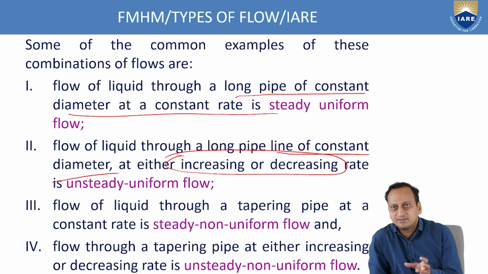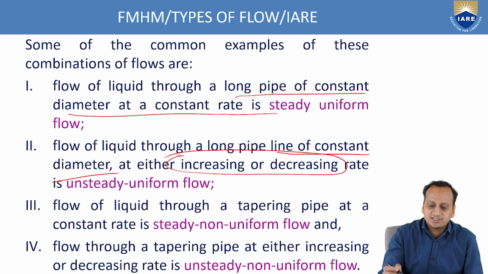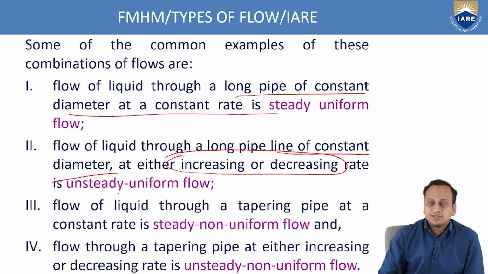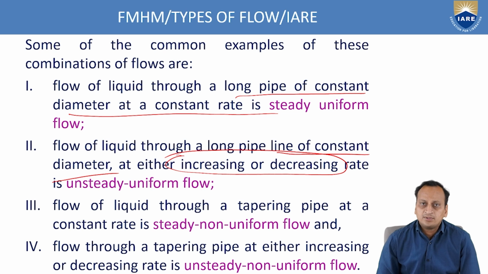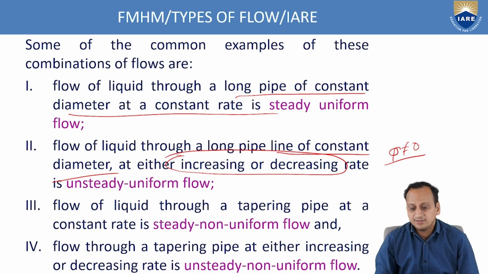The velocity becomes disturbed. Even though the diameter is the same, increasing or decreasing flow rate means unsteady. Even though it is a constant diameter, due to rate of flow variation, Q is not equal to 0.